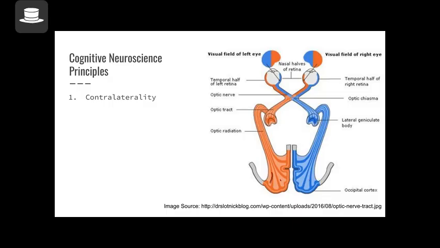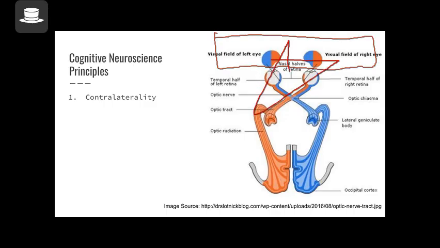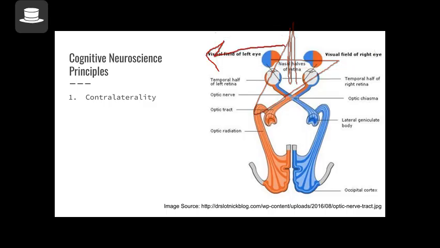Now what you see here is the visual field. It is represented here twice, but what it actually is, is this distinction. If you look straight ahead, whatever you see on your left side is your left visual field, whatever you see on the right side is your right visual field, and put together is your entire visual field.